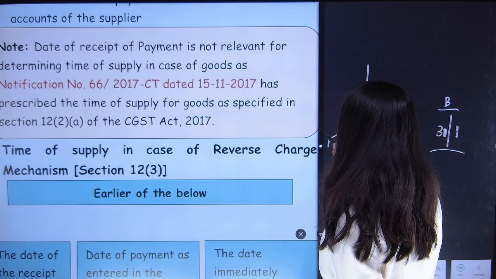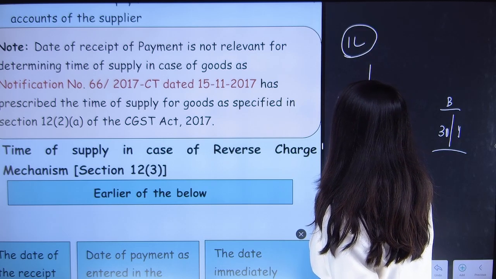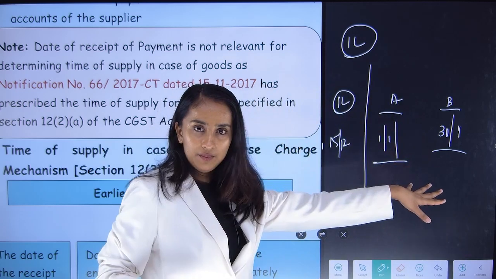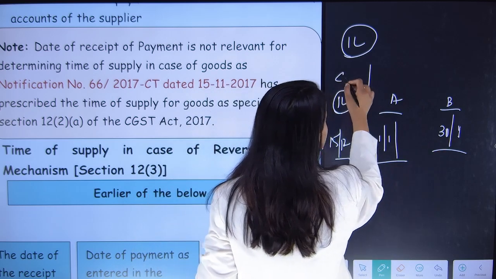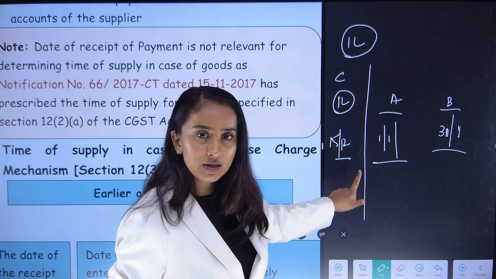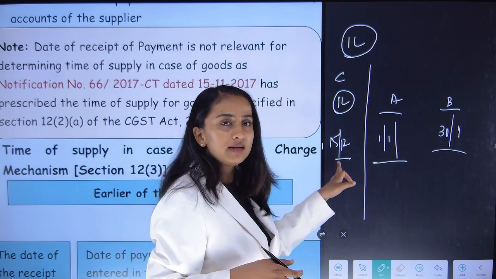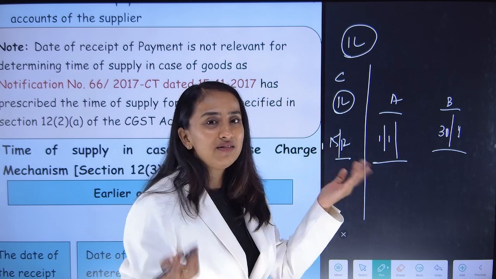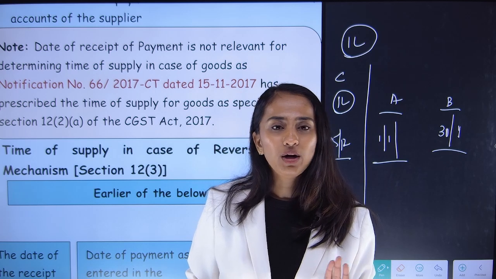Let's say I had to bill 1 lakh in total, and I received the 1 lakh in advance. Earlier, before there was even a supply, it was getting taxed. Earlier of these three, A, B, C, was getting taxed for goods. So even if you have received it earlier, that would be the earliest date and the time of supply. Now they say that even if you have received any advance receipt for goods, when you supply goods, it will not be considered for your time of supply.